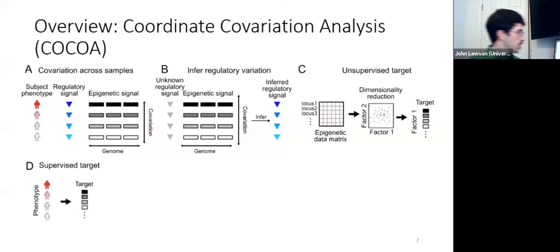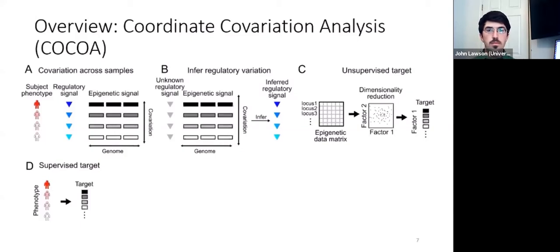And so our method can be used in both supervised and unsupervised analysis. In unsupervised analysis, we only use the data itself. So we have an epigenetic data matrix that has rows being our regions, our loci in the genome, and columns being samples with the epigenetic signal at each region.